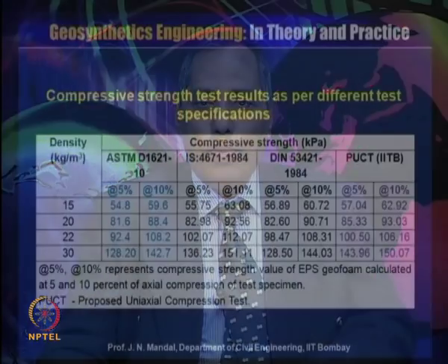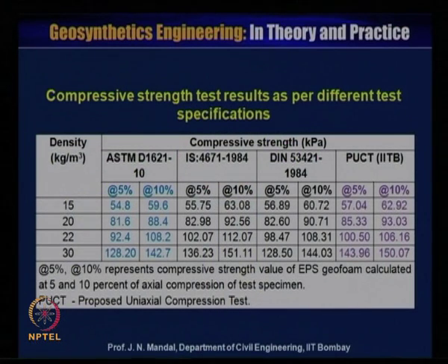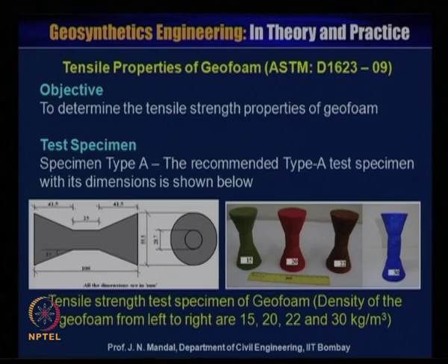So it is easy to perform the test, and easy to produce this cylindrical geofoam material. This will be the more appropriate method to calculate the compressive strength of the expanded polystyrene geofoam.